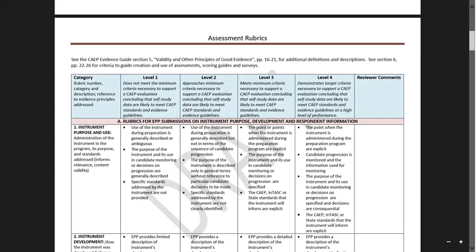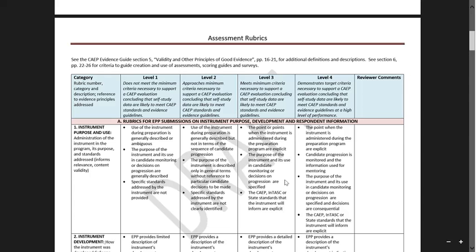It would probably be level 1 in terms of describing where it is during preparation, although we do not see the responses to those questions. I'm making a huge assumption for us. Okay, so here on the second level, it's saying the use of the instrument is generally described, but not in terms of the sequence of candidate progression. And if we go on to level 3, the pointer points where the instrument is administered during the program are very explicit.